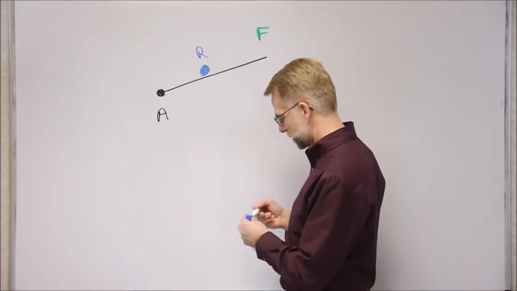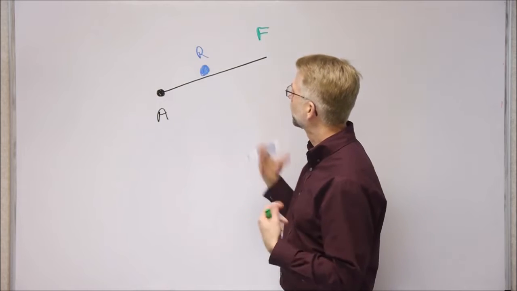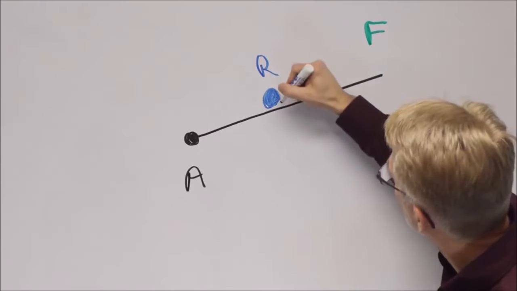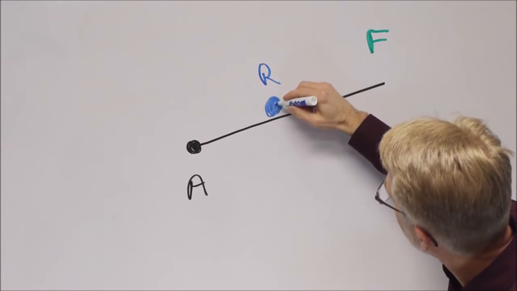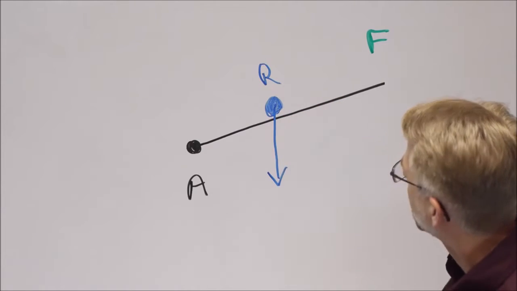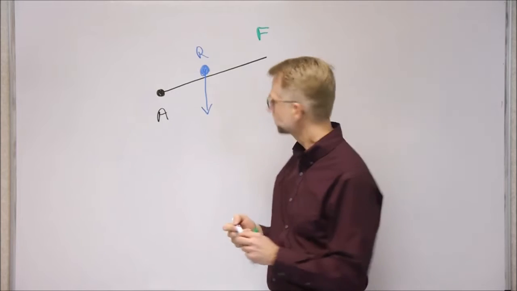So in this case, this resistance or this weight, the way it provides resistance is by way of gravity. So it would have a center of gravity, and then acting on that center of gravity, gravity would produce a force vector that looks something like that.